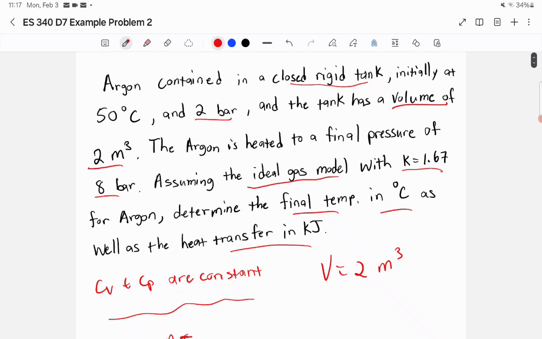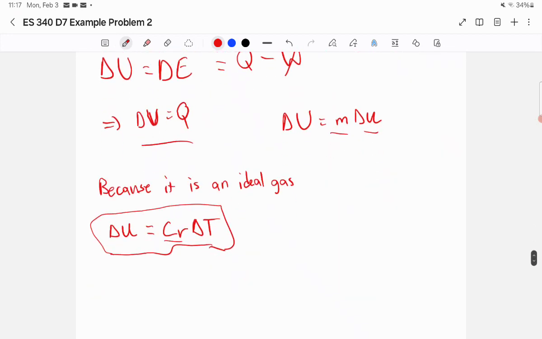Well, remember that k was equal to 1.67. That's the ratio of Cp and Cv. And we know that Cv, this also came from the lecture, is equal to R over k minus 1.